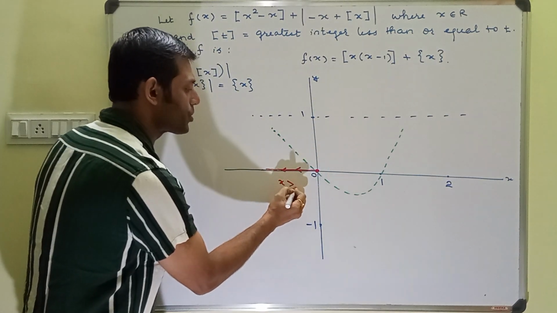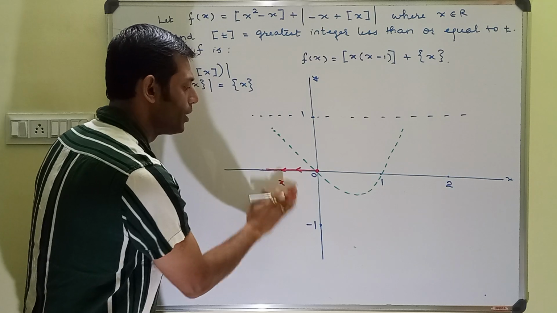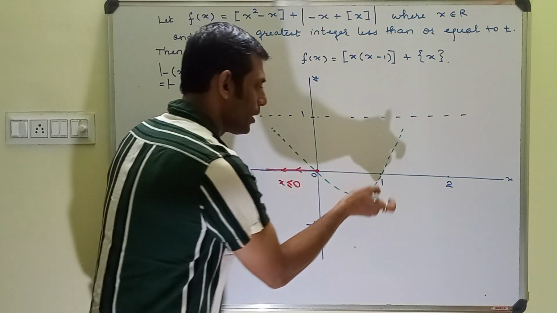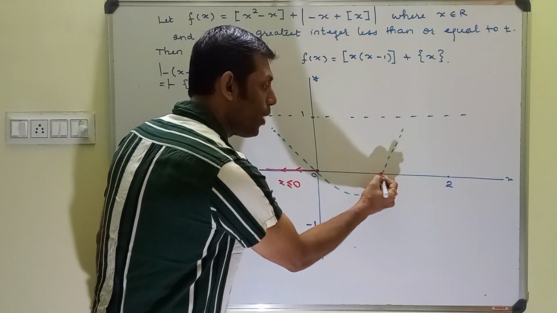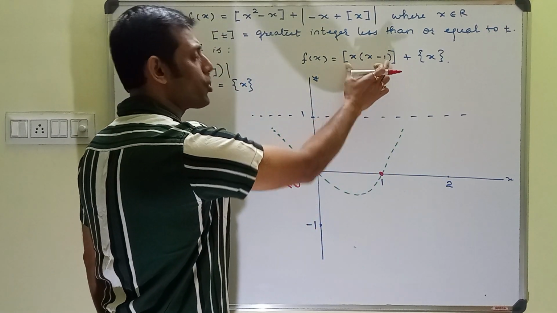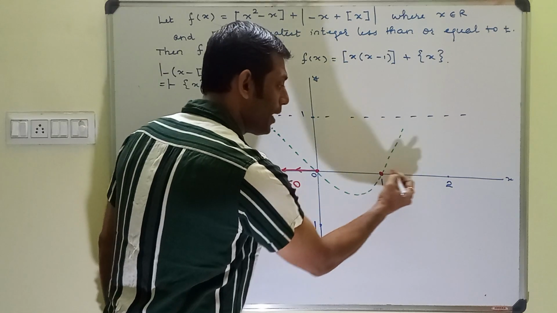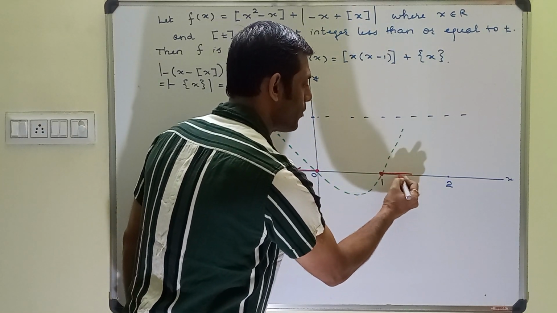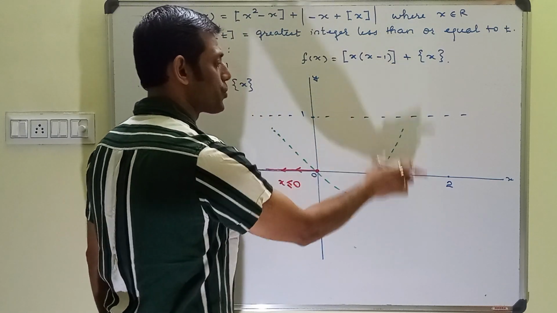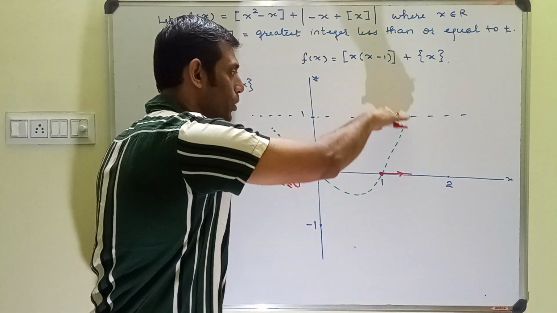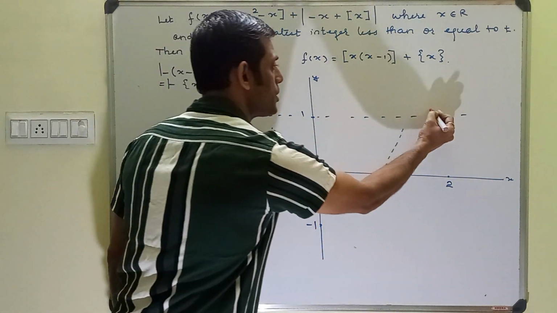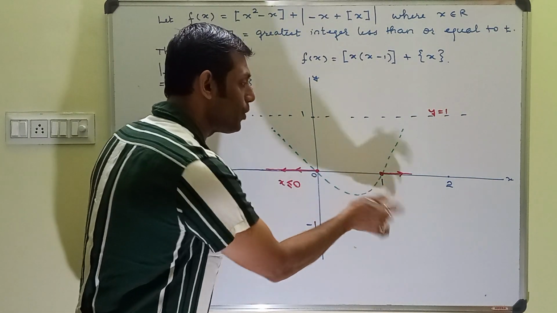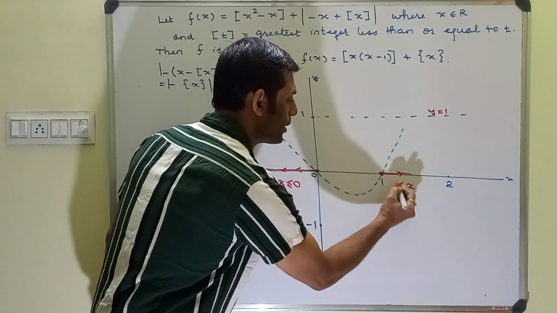This is valid for x less than or equal to 0. Now again look at 1. At 1 this value is 0, so box value is going to be 0, and ahead till I reach the level of 1 this particular function is going to have box value 0 because it is below the level of y equal to 1. This is the line of y equal to 1. But what about between 0 and 1? And this is valid for x greater than or equal to 1.